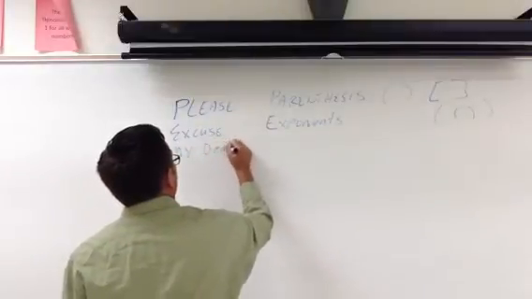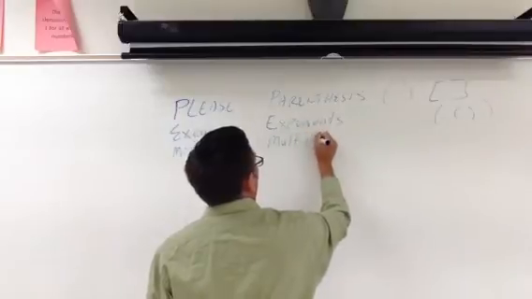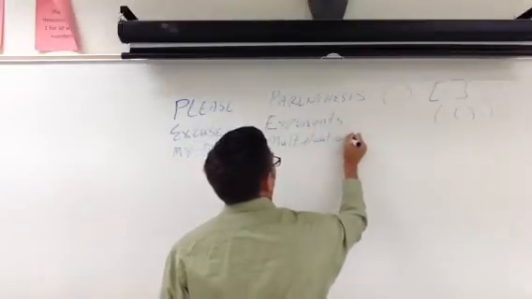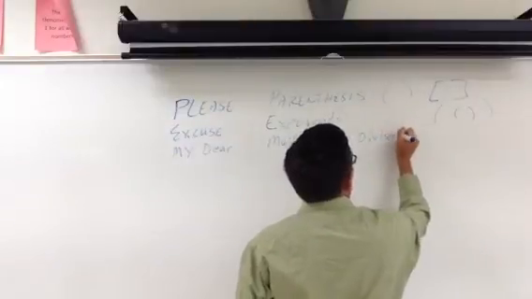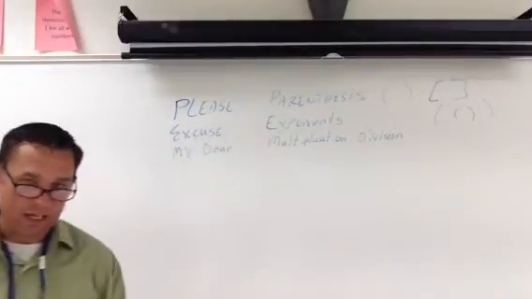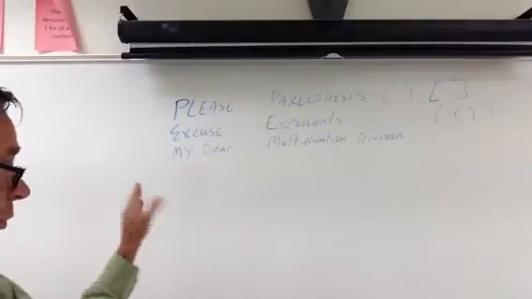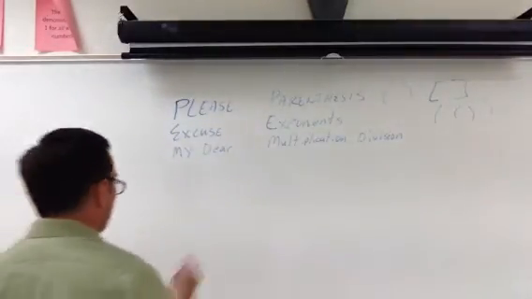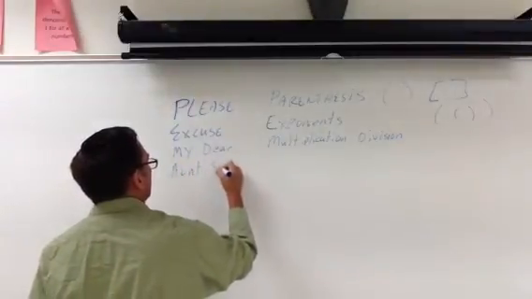My dear, multiplication and division are solved in order. Division is a form of multiplication in algebra. It's just multiplying by the reciprocal. So we do those in order. And then finally, Aunt Sally is adding and subtracting.